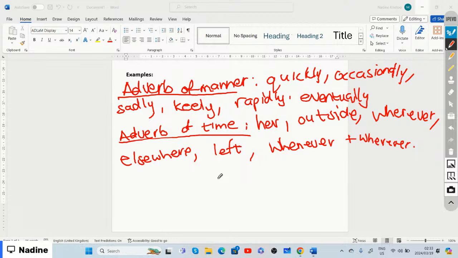Right? And these are but a few examples of our different types of adverbs.